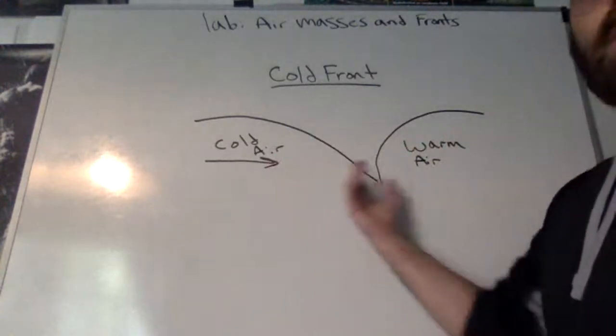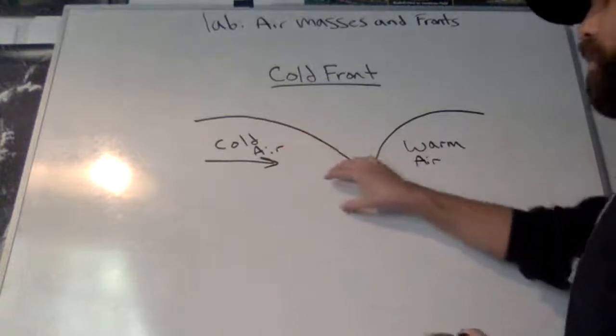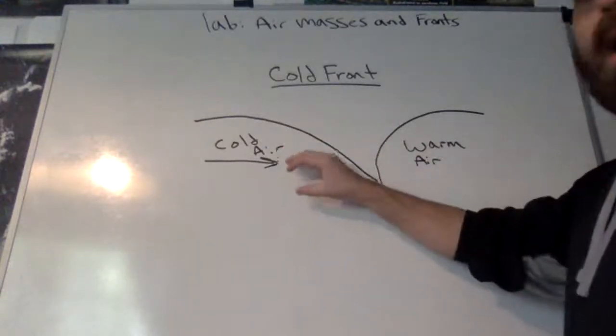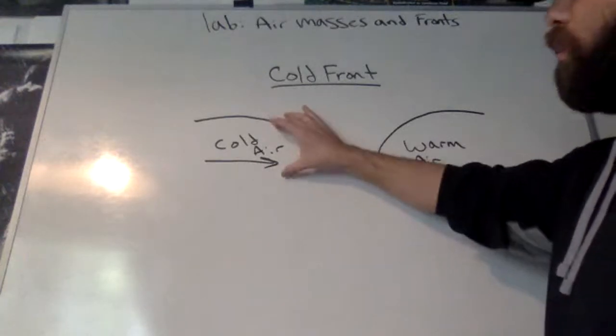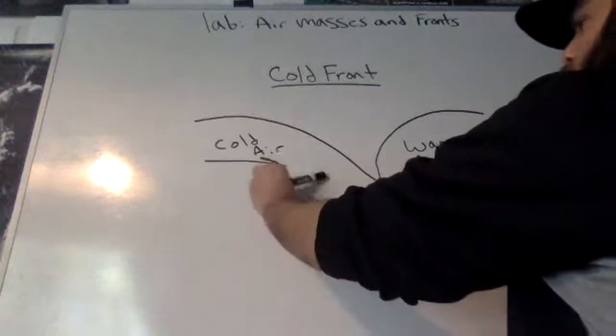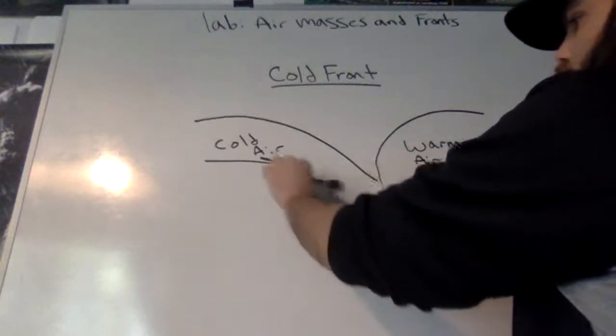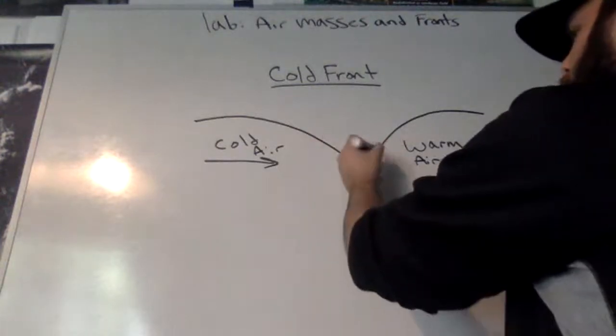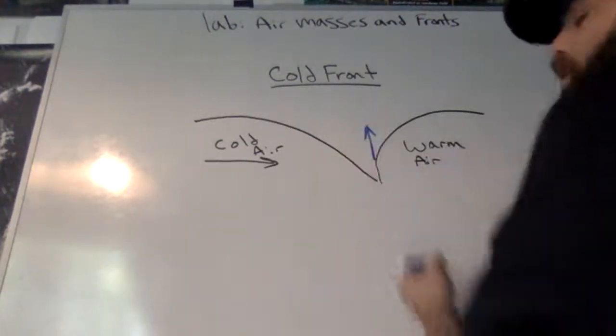Now, since it's a cold front, the cold air always wants to go below the warm front, okay? Cold air is more dense. We're always talking about density. So the cold air is going to want to go underneath this warm air. And because of that, it's going to cause the warm air to rise really quick.